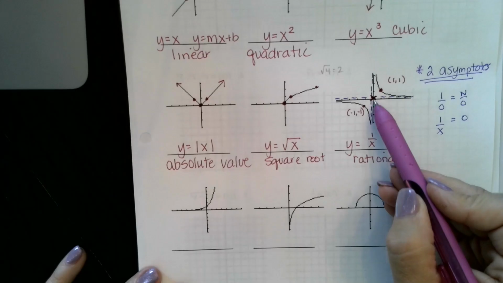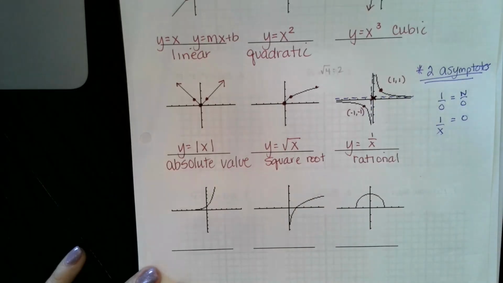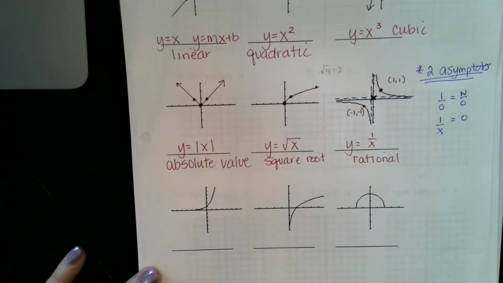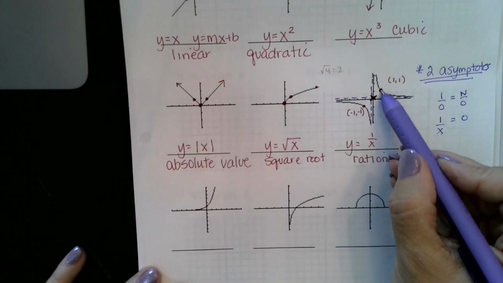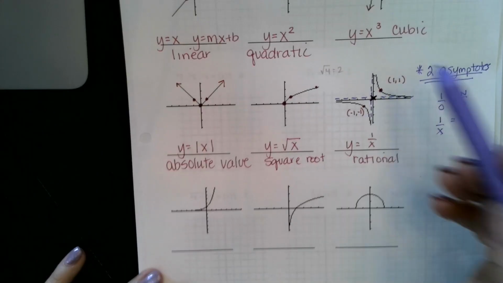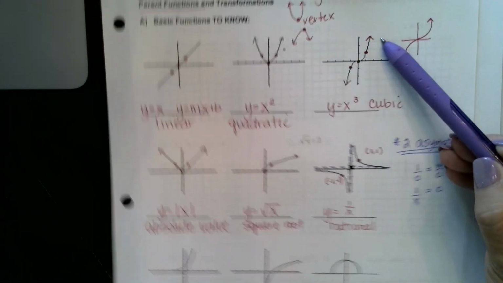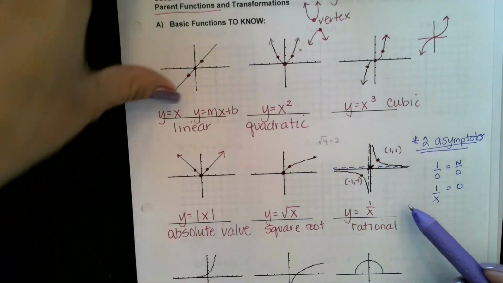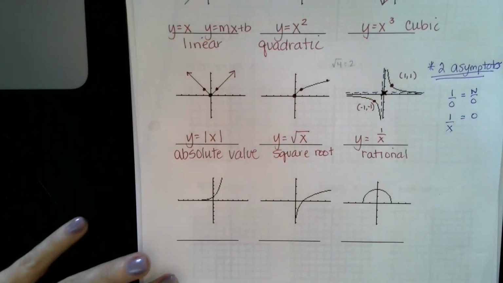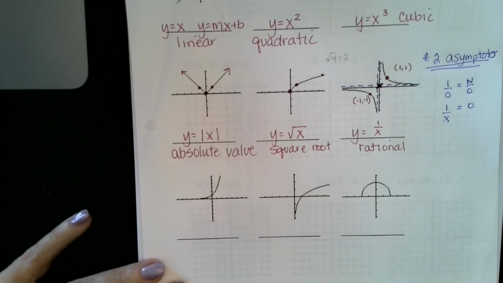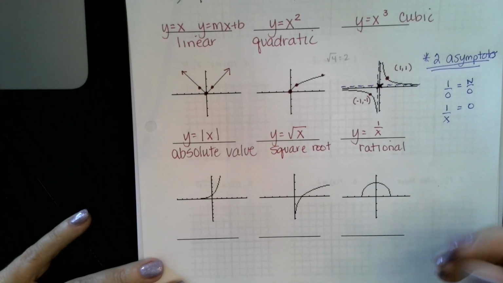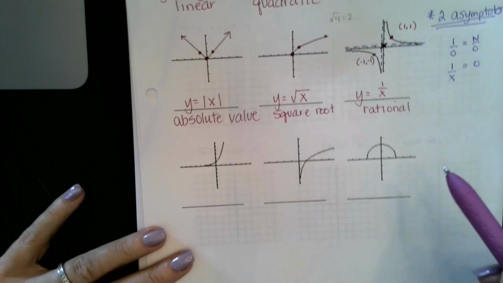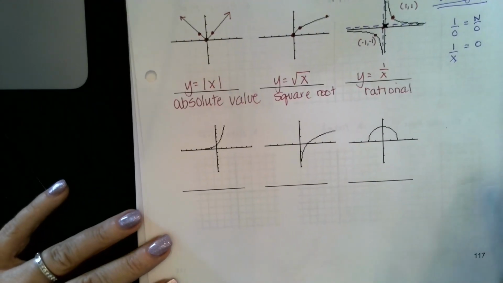I'm going to go down 1 over 1. And so what I want you to do is think about, okay, after I draw my 2 asymptotes, I'm going to make a little x, and then I'm going to go up 1 over 1, up 1 over 1. And if you look, it's just like this one. They create a line. This creates a line. That's why you have to memorize what the functions look like so that you know how to draw it, okay? And we're going to talk more about drawing a rational function here in a little bit when we actually start working on transformations.